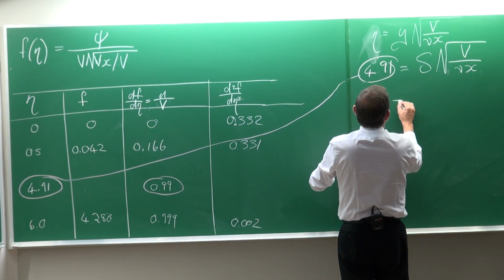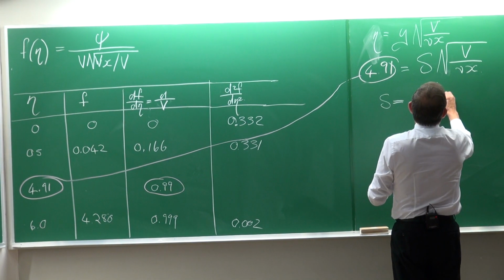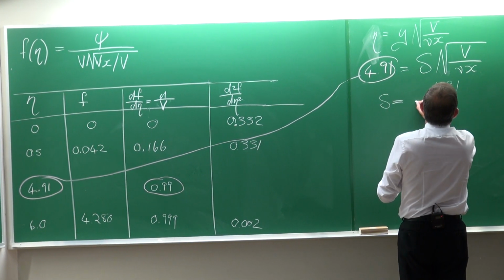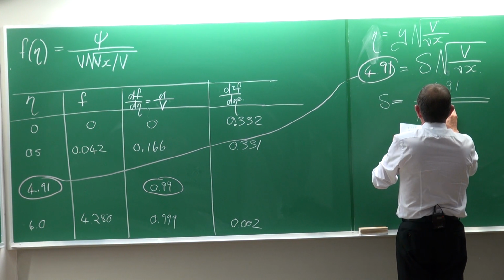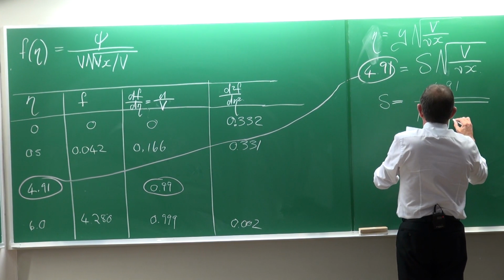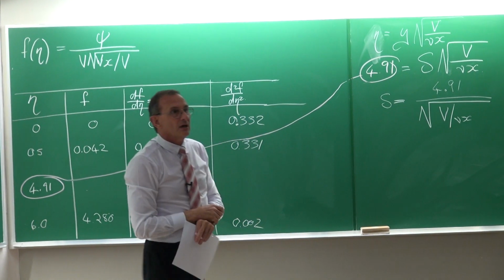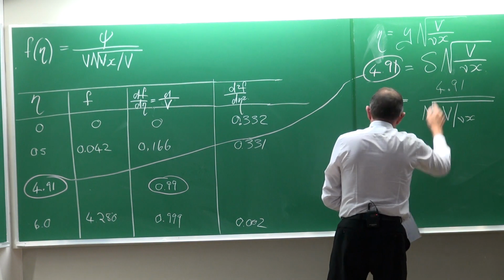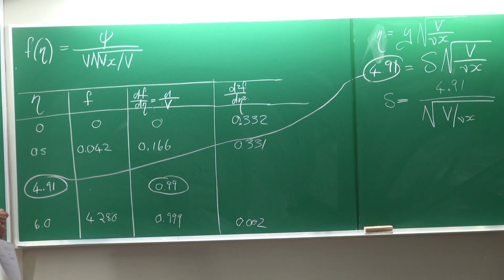Therefore, you can write the velocity boundary layer as equal to 4.91 divided by the square root of the velocity divided by the kinematic viscosity in x. So this is where this special number of 4.91 comes from the solution.